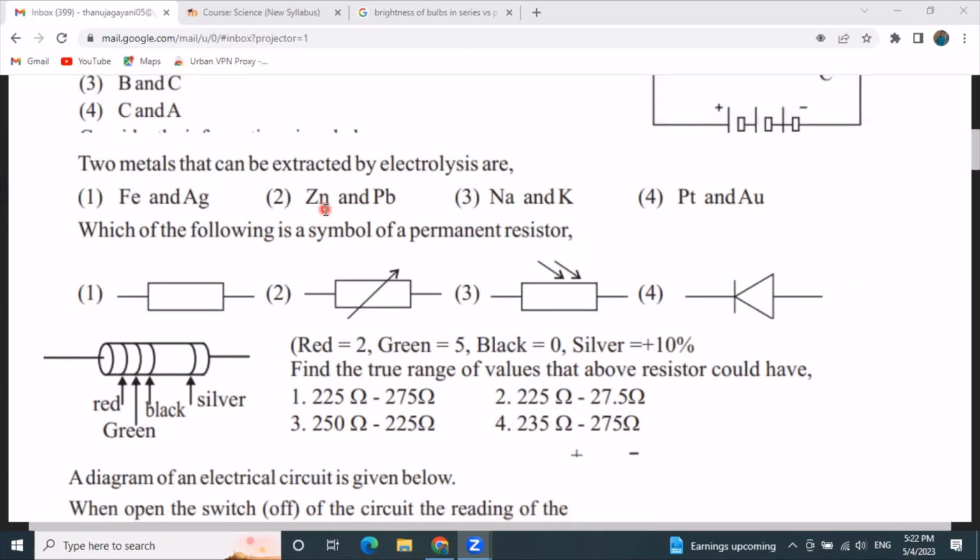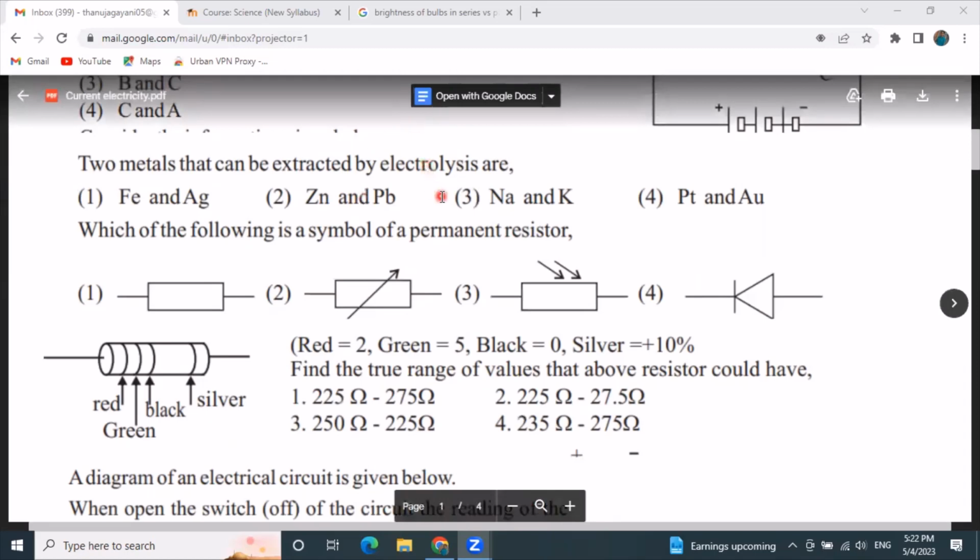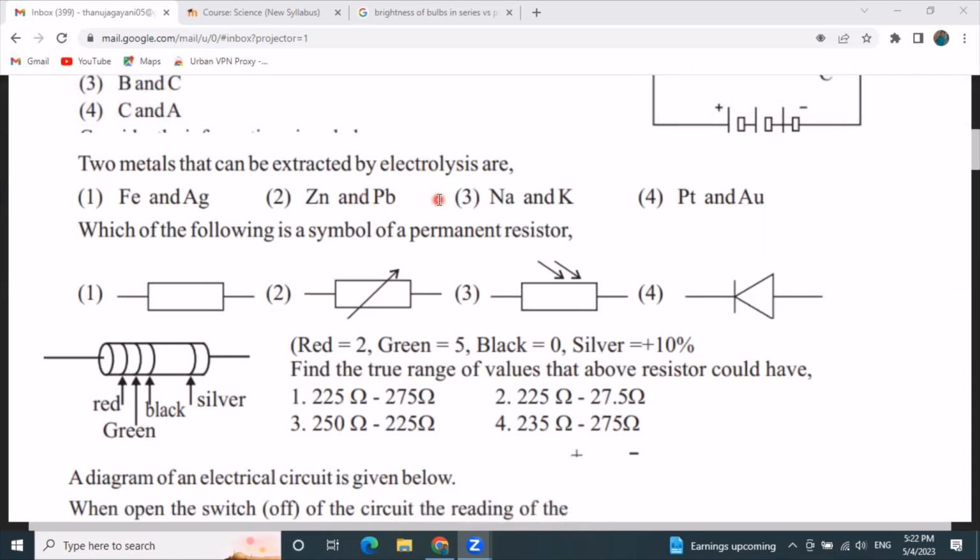You want to remember that metals with high reactivity can be extracted by the electrolysis method. Accordingly, at the beginning of the activity series, there's potassium and sodium. So the correct answer is the third one. You have to remember metals with high reactivity can be extracted by using the electrolysis method. It's a point. So the correct answer is potassium and sodium.